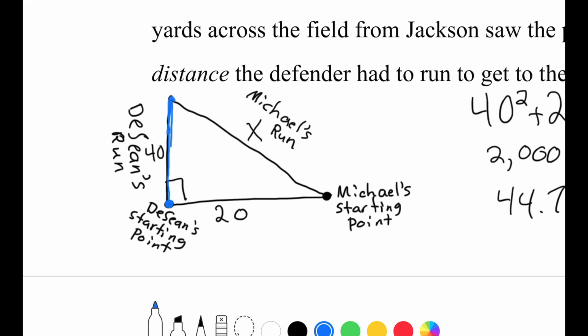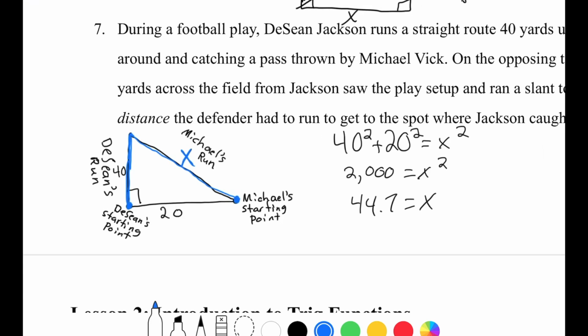So that is his 40 yards. Michael started 20 yards away from where Deshaun started and ran a diagonal to block him. So that is how long Michael's run was, and that's what you're finding, which should have been 44.7.